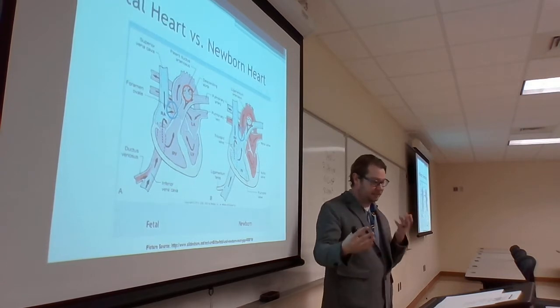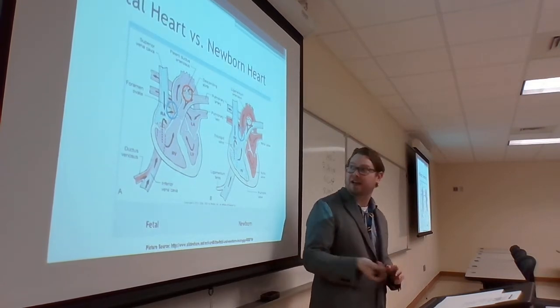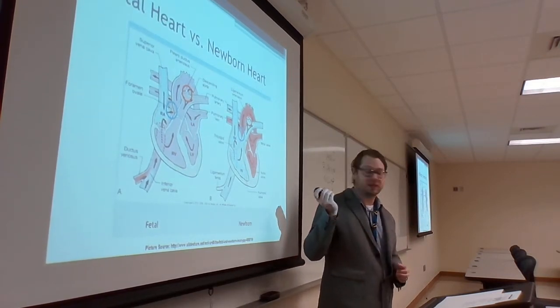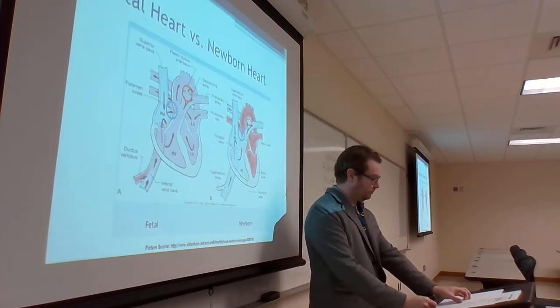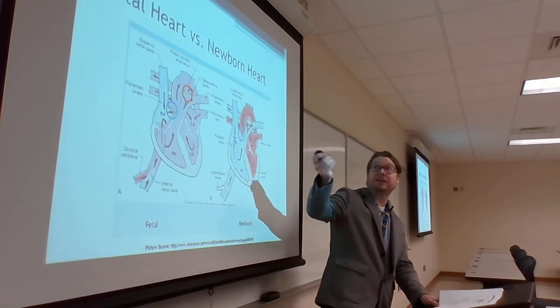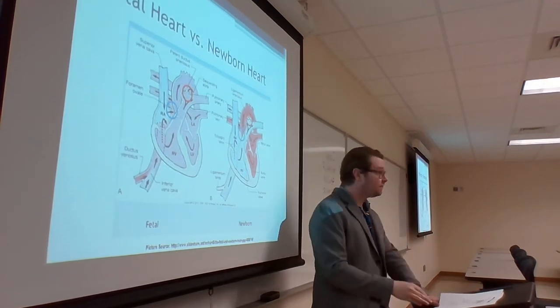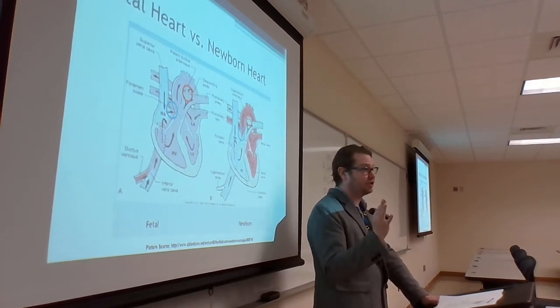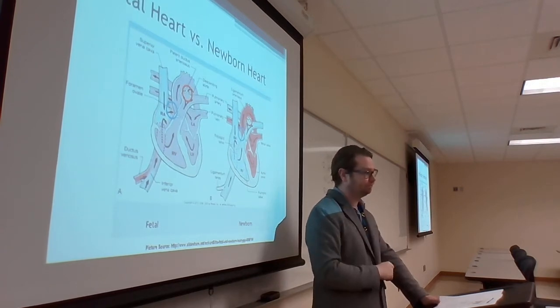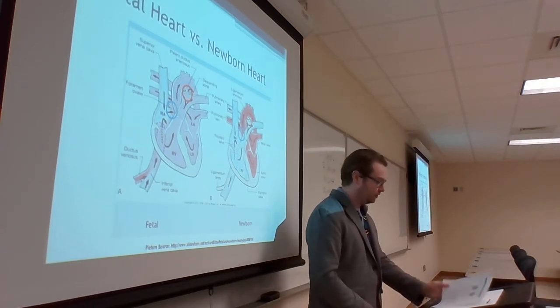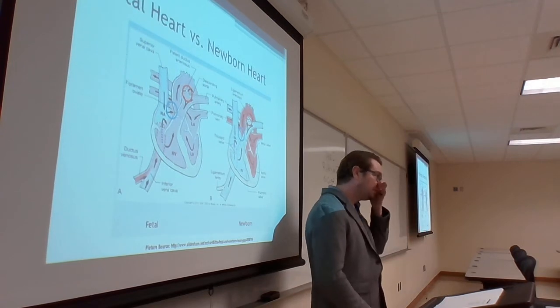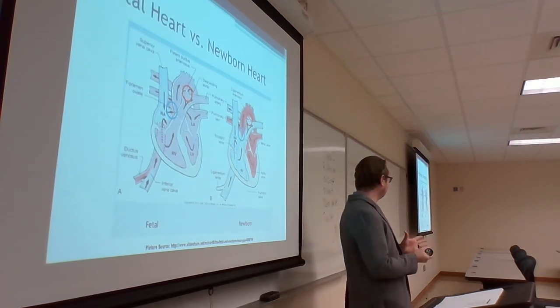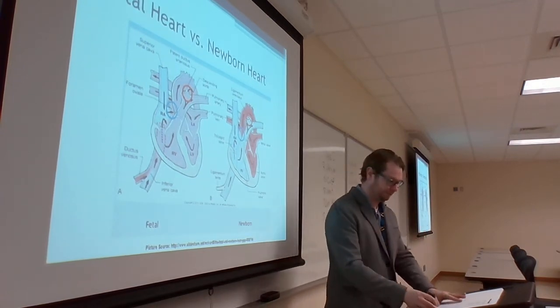Once that shift in pressure takes place, it triggers the closure of the foramen ovale, and it should close up the hole between the two atria. You said the right ventricle is highest in the newborn? In the fetal, sorry. Yep. So if for some reason that pressure shift doesn't happen, if pressure stays higher in the right side of the heart, this isn't going to close. So that only has one condition to close. Make sense? Cool.